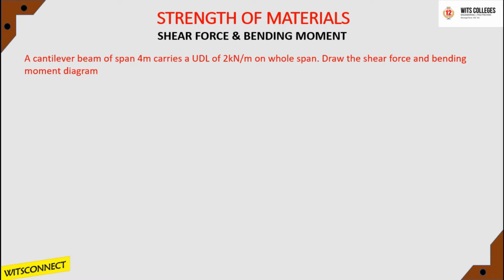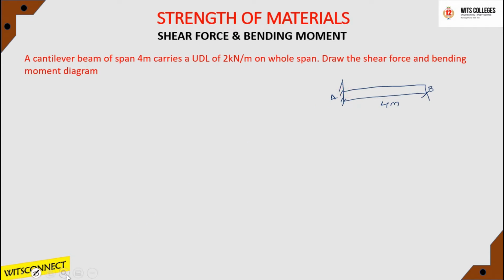Okay, so for this we draw the load diagram. It is a cantilever beam, so one end is fixed. This is A and this is B. The total span of this beam is 4 meters, and a 2 kilonewton per meter uniformly distributed load is acting over the span.